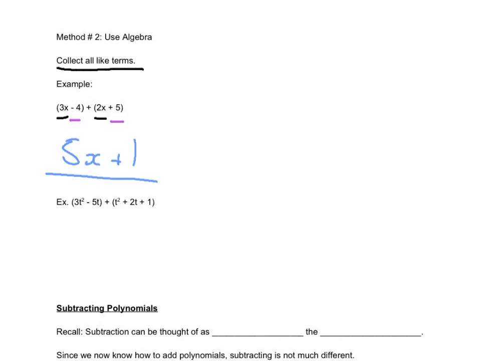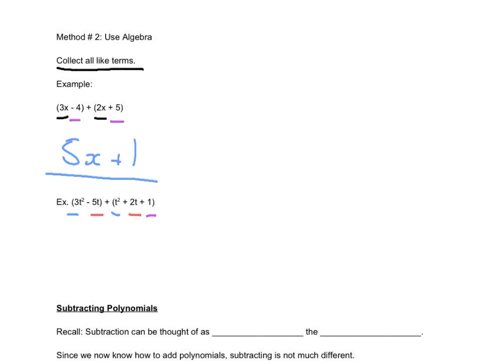And we'll go down to the next example. Again, we'll identify what the like terms are so we can combine them. Here we've got t squareds, we've got t's, and then we've got that extra constant term as well. So we'll go through and collect all of them, starting with the t squareds.